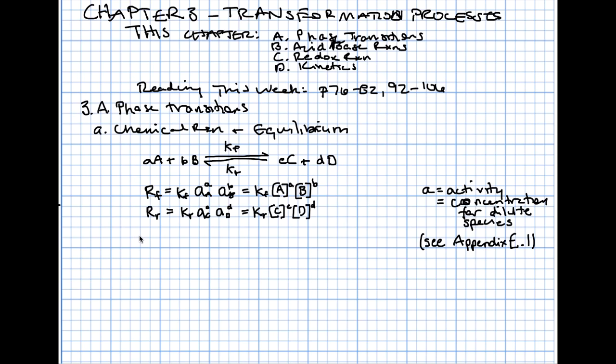Okay, so we are often interested in equilibrium, and in characterizing phase transitions, we're often interested in expressing the equilibrium condition. So at equilibrium, we can assume that the rate of the forward reaction is equal to the rate of the reverse reaction.